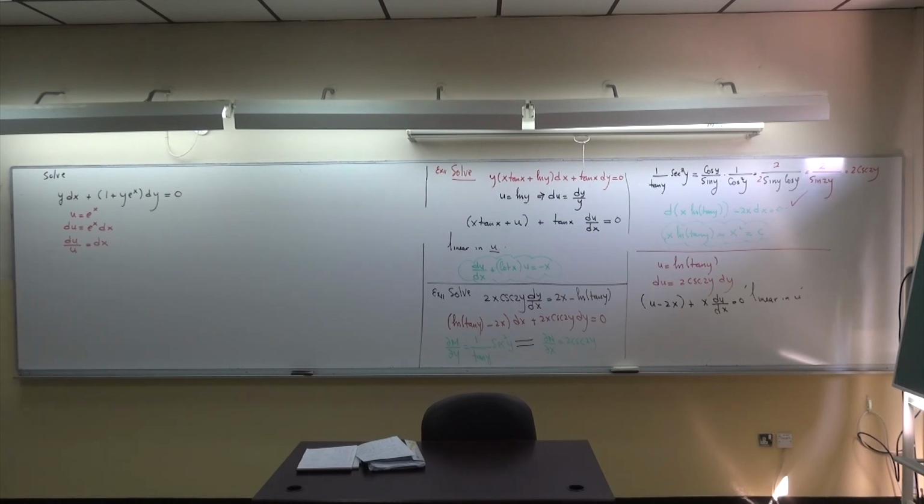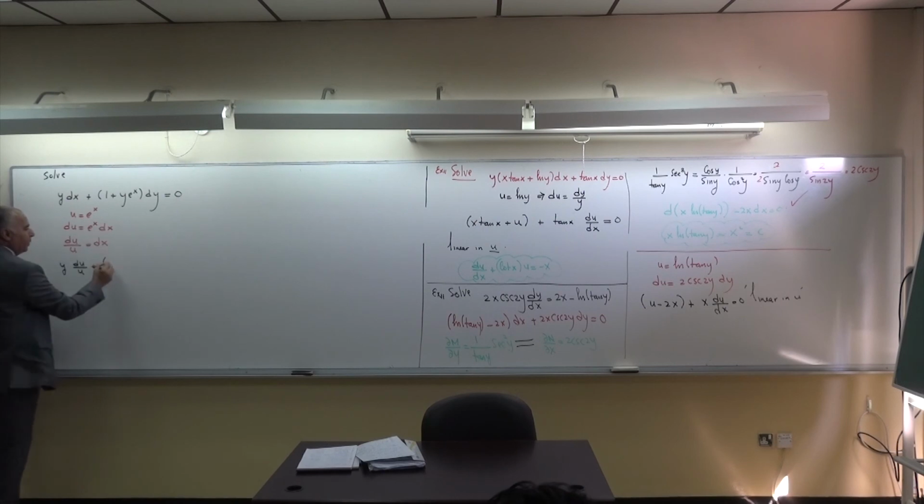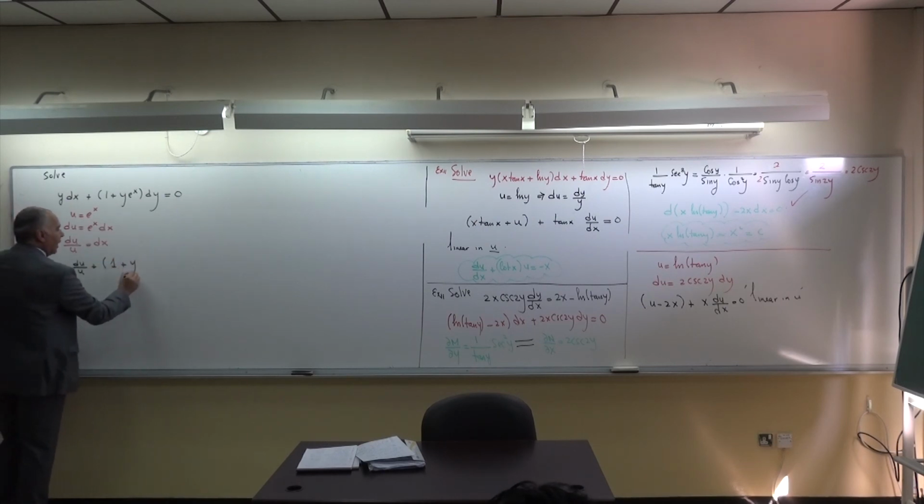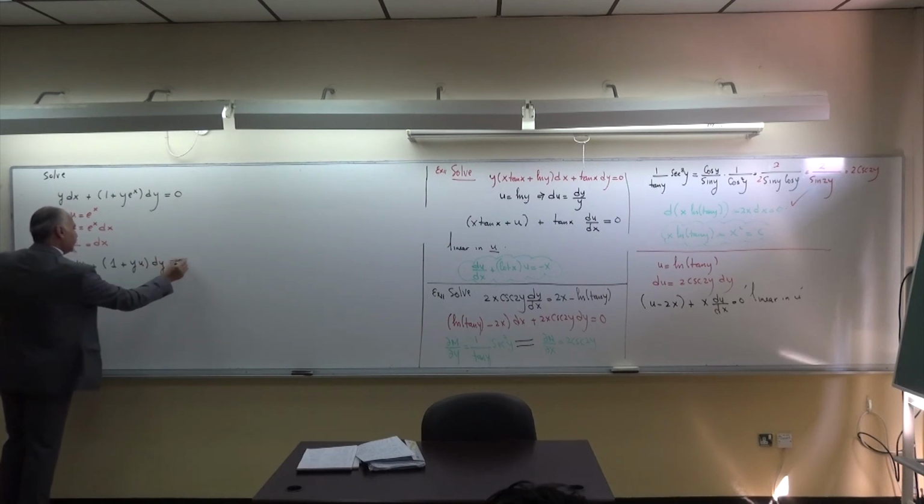Now if you do this you will see that this becomes y times du over u plus (1 plus y) u dy equals 0.